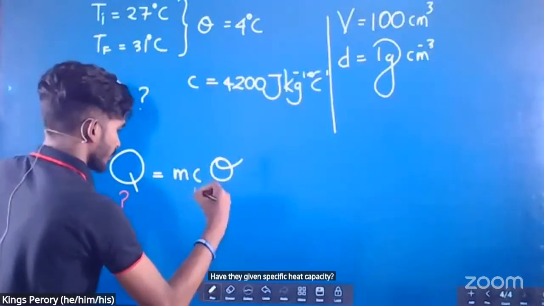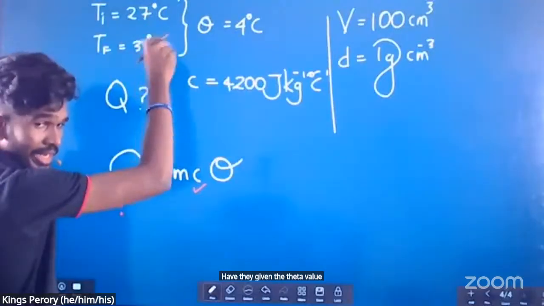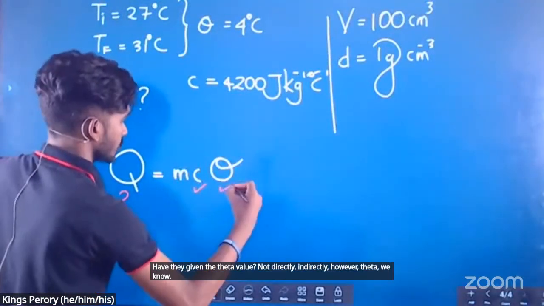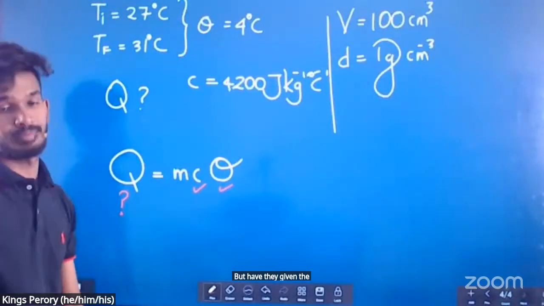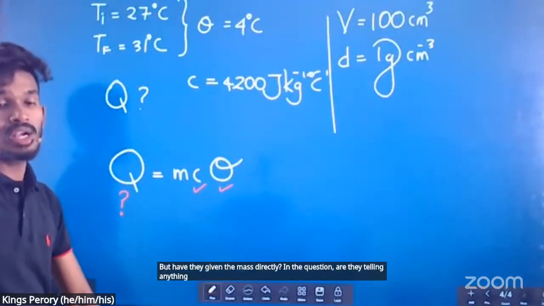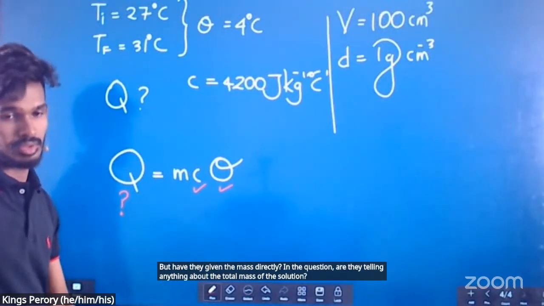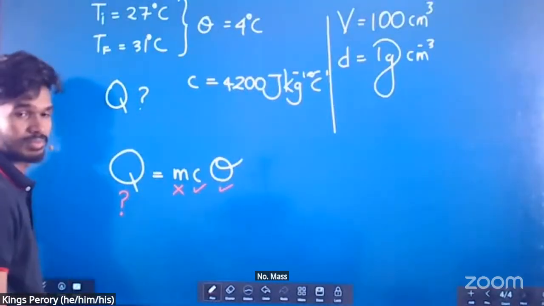Yes. Have they given the theta value? Not directly, but indirectly, theta we know. But have they given the mass directly? In the question, are they telling anything about the total mass of the solution? No, mass is not there.